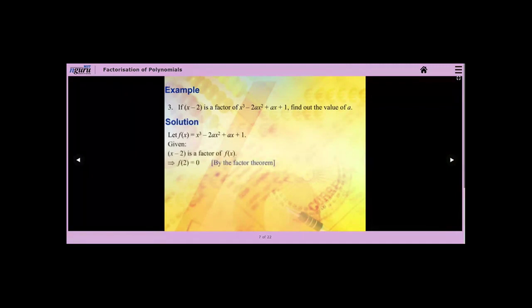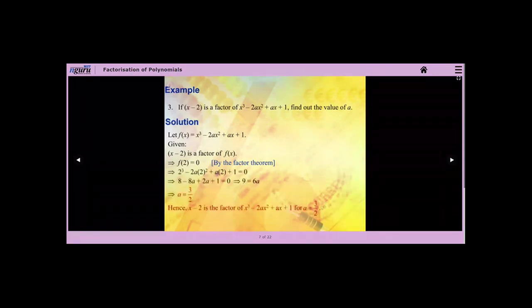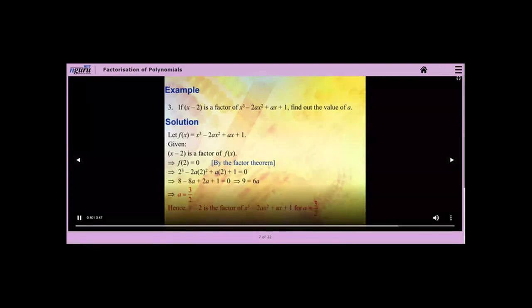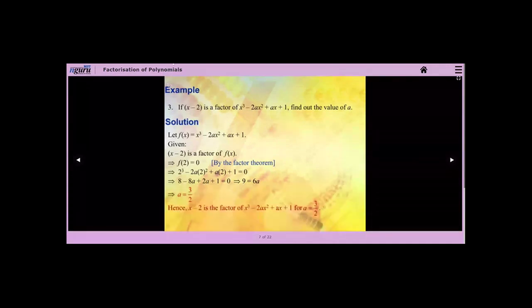So, by the factor theorem, f of 2 is equal to 0. Replace x by 2 in the equation as shown. Simplifying further, we get the value of a as 3 upon 2. Hence, x minus 2 is a factor. Your answer is correct. Put a tick mark. Okay, ma'am.